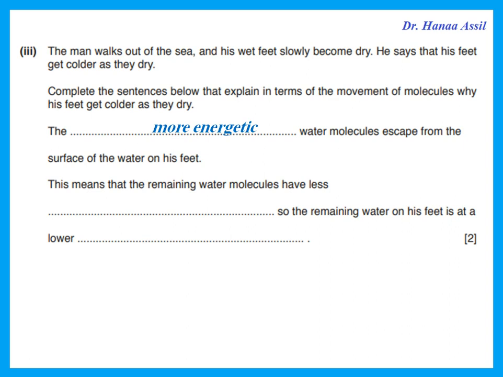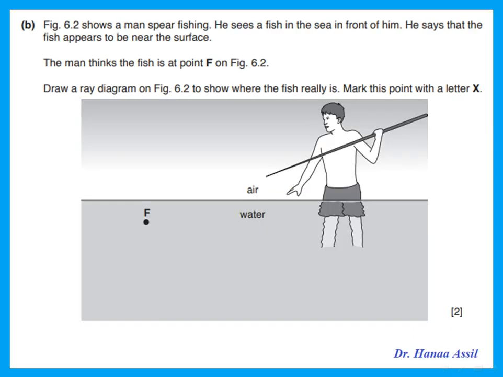This means that the remaining water molecules have less energy, so the remaining water on his feet will have a lower temperature. Remember that evaporation causes the remaining water to cool down because some of the energy has been used to evaporate the molecules on the surface.